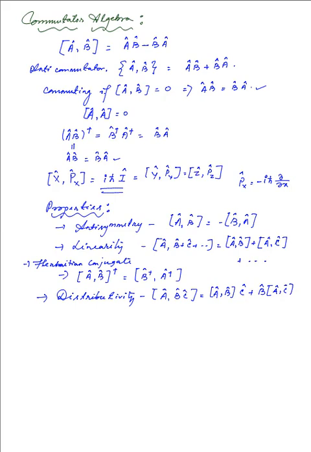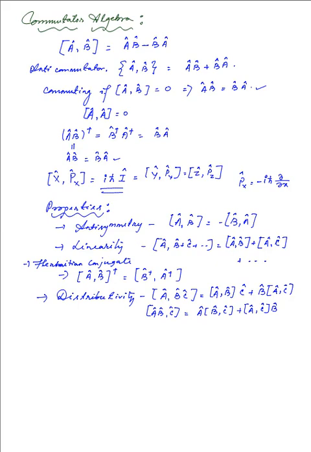Then again, if we have the other way around, that is AB commuting with C, the commutator of AB with C, then we have A followed by the commutator of BC, then we have the commutator of AC multiplied to the operator B.